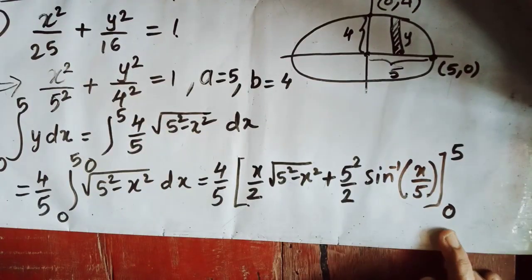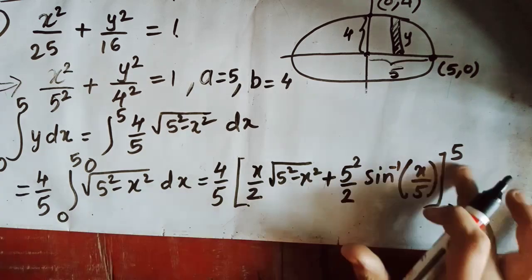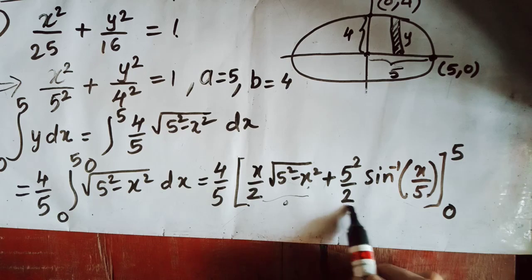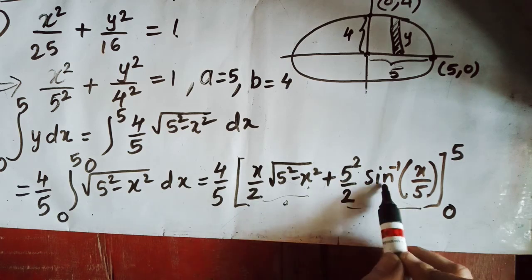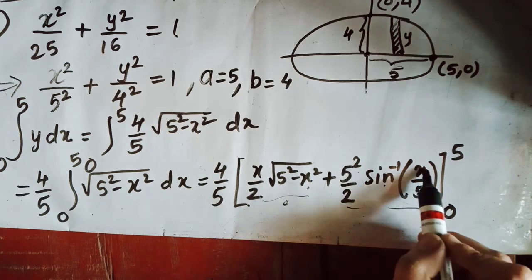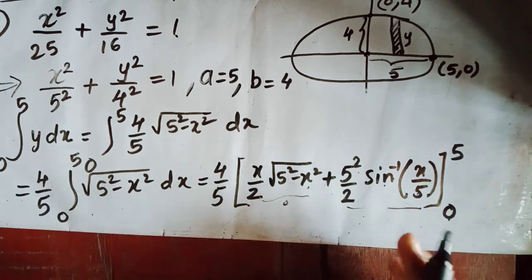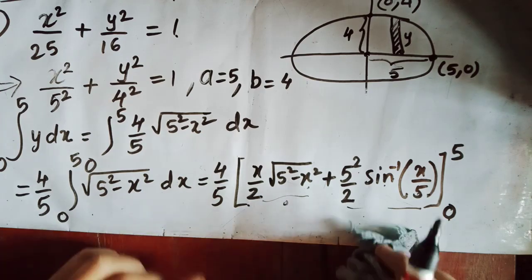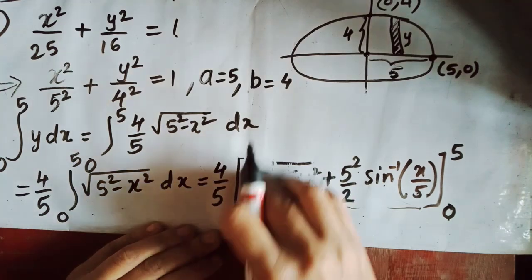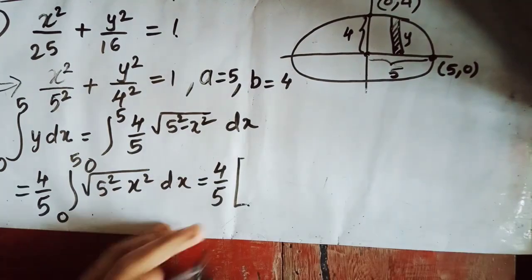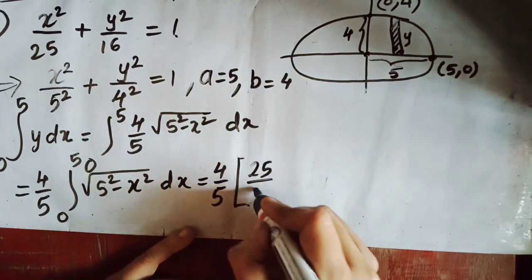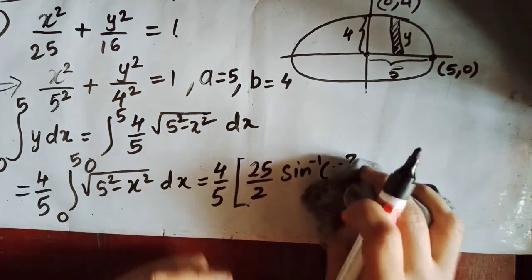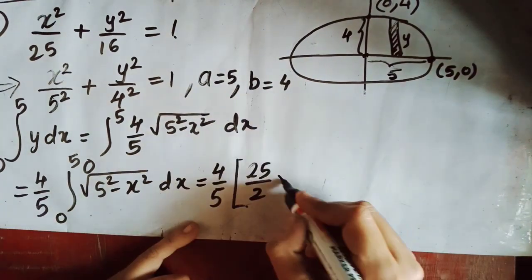When you put 5, this term becomes 0 and this term is 5 square by 2 sine inverse of 5 by 5, that is sine inverse of 1. And when you put 0, the second term becomes 0. So I will write here only 25 by 2 sine inverse of 1.